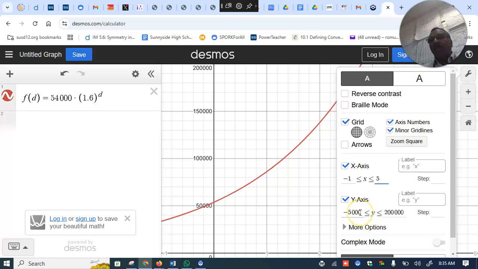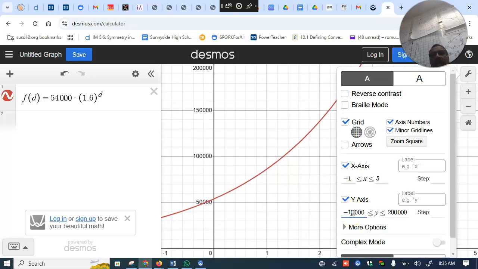And why did I pick -5,000? It's because we want to have something below the x-axis. And you may say, why not 10,000? Yeah, you can put -10,000 also, because the output which I picked is 200,000 there, so that we know what's going on.